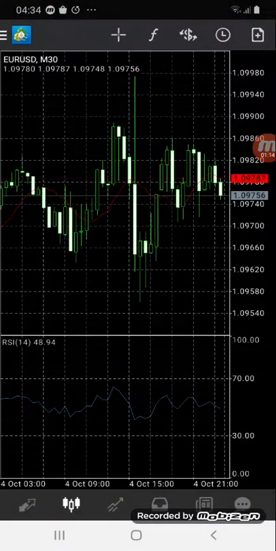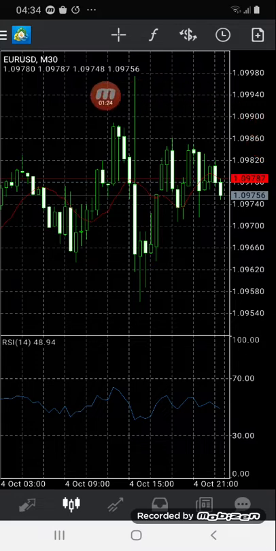So let's open that chart. Since the markets are closed, it's a weekend, you won't see any price movement. Now, if you look closely, always focus on the numbers after the full stop.